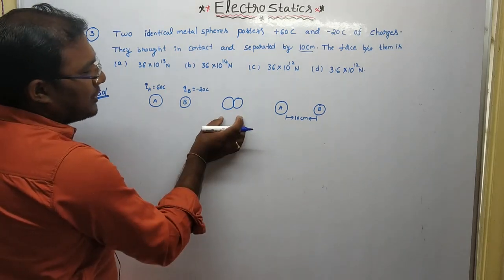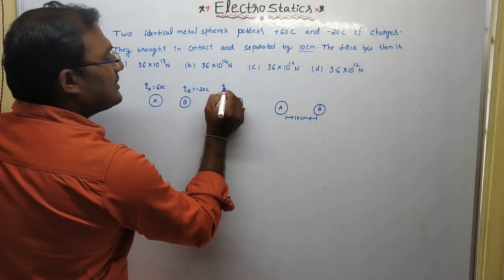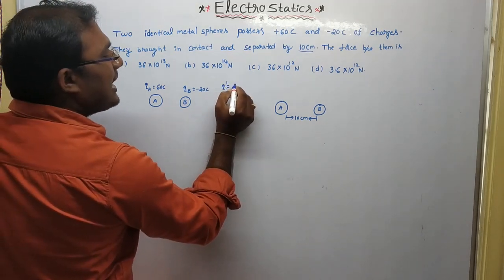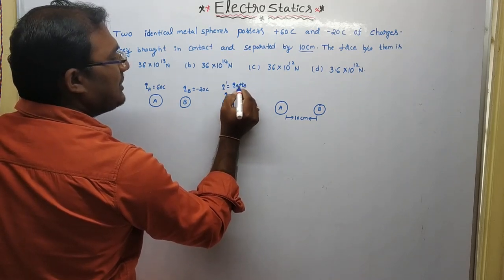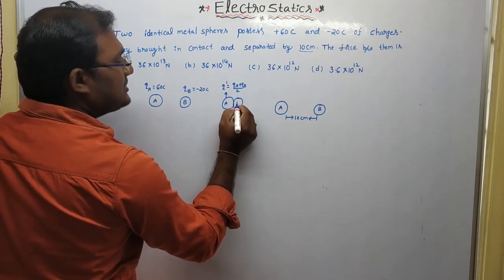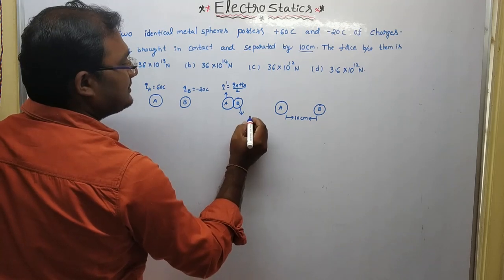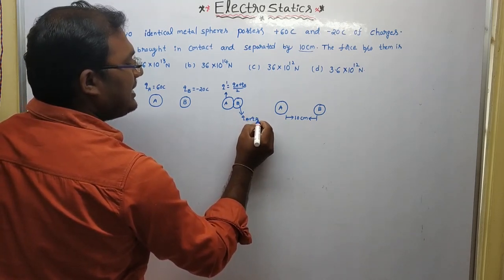By the conduction process, both spheres get the same charge, equal to the average of the two charges, QA plus QB by 2. And sphere B also gets QA plus QB by 2.